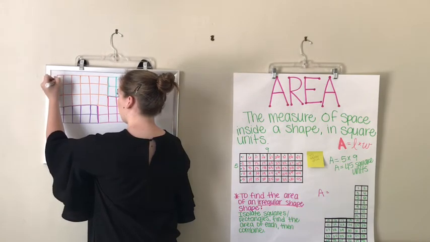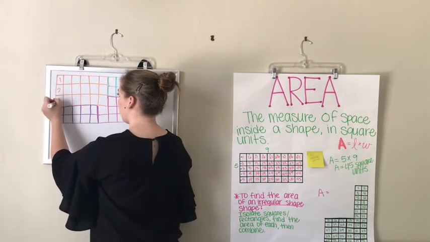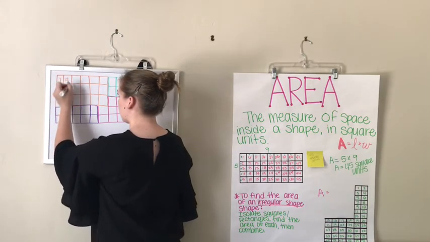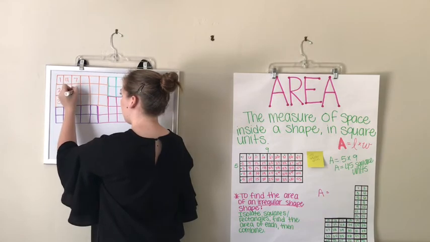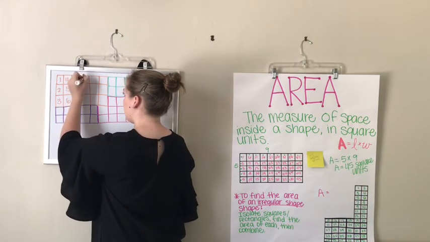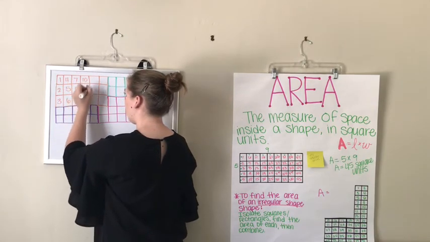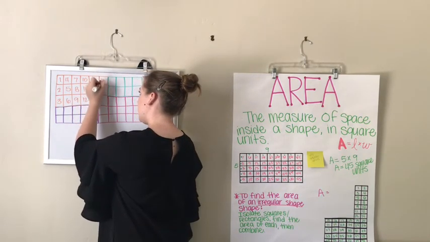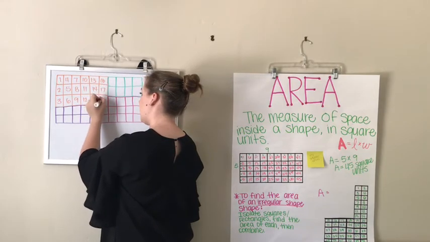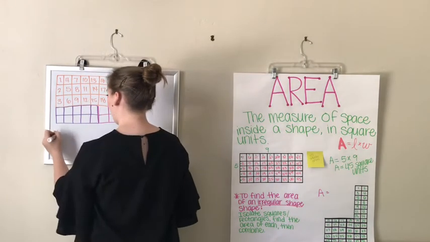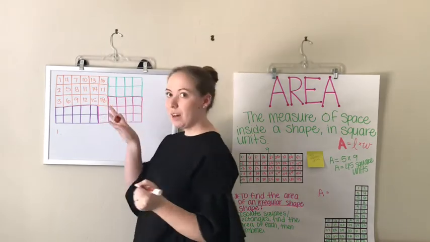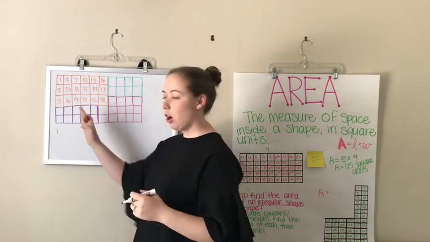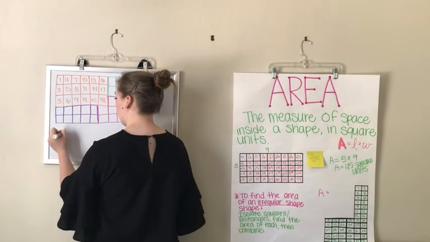We have 1, 2, 3, 4, 5, 6, 7, 8, 9, 10, 11, 12, 13, 14, 15, 16, 17, 18. All right, so from the counting method, I got 18 square units as my area for the soccer field. I'm going to write that down right here.